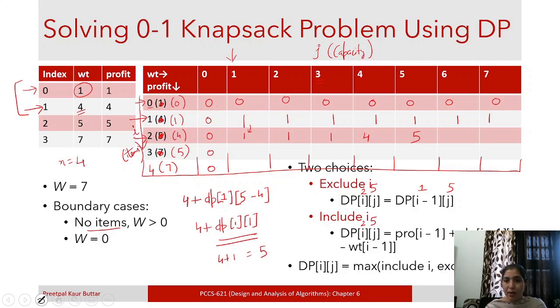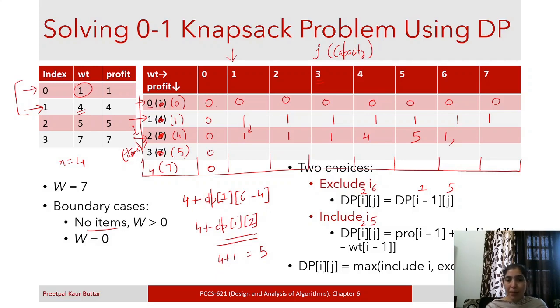Okay, so now let us move to 6. First you will decide to exclude it, and the second option is to include it. So after including this item, the capacity left is 2. So we have already solved this problem. What is the solution for capacity equal to 2?